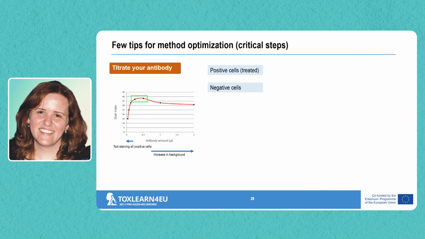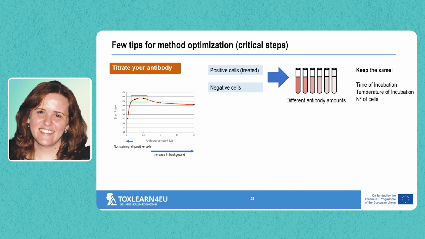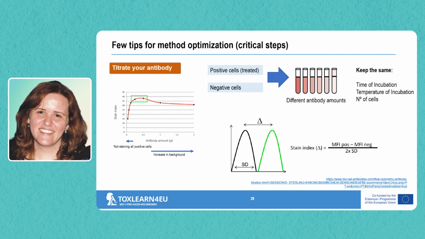So in practice, you will need positive cells, and you will need treated cells. You will need to treat them with different amounts of antibodies, okay? And while you do this, you should keep the same time of incubation, temperature of incubation, and number of cells, okay? Be sure to keep the same. I mean, you can try to also optimize this, but you need to optimize one variable at a time. And then you will have something like this, okay?